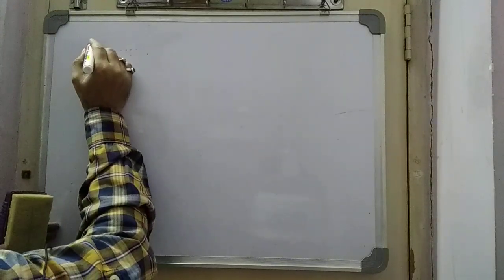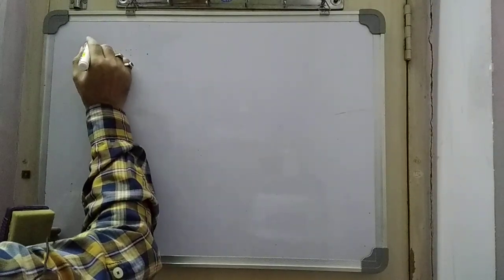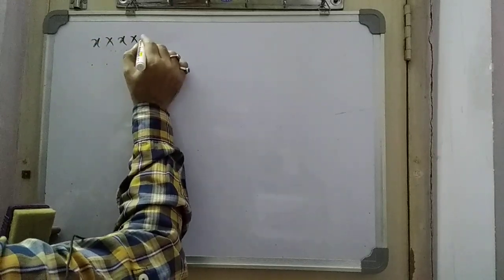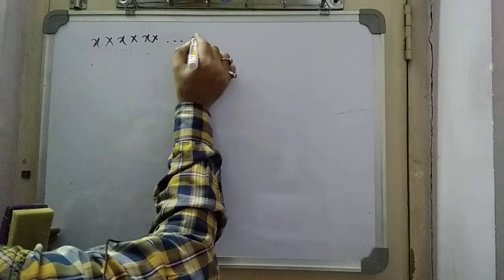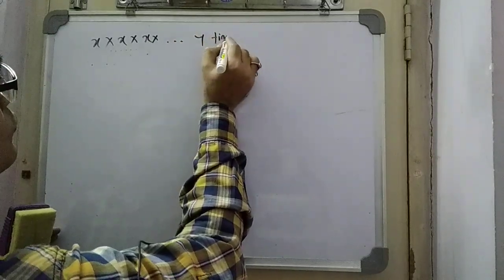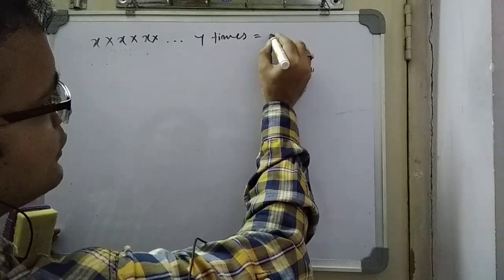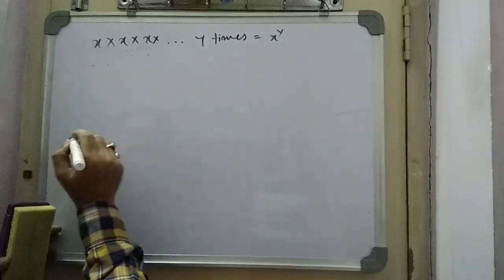So what is indices? For that we will start with multiplying x y times. We write it as x to the power y.